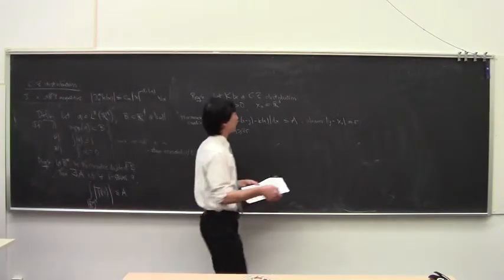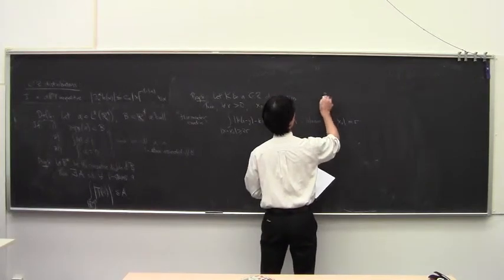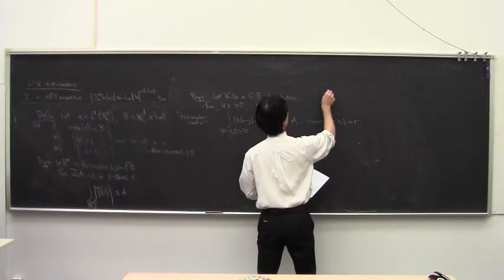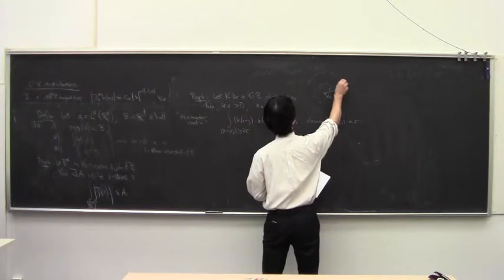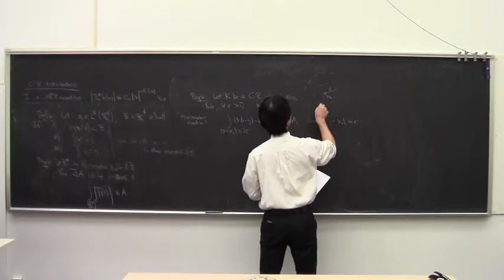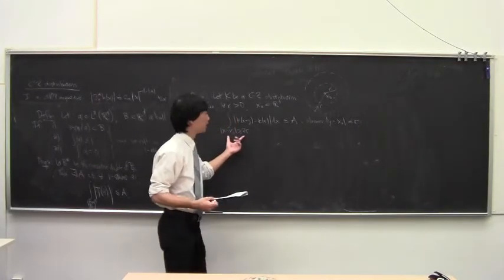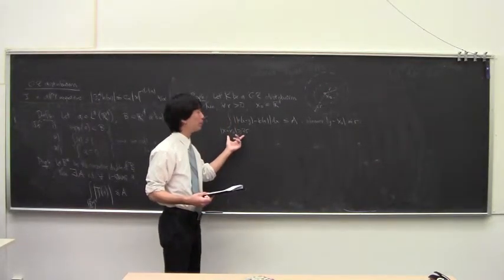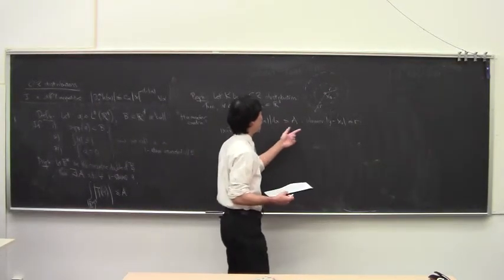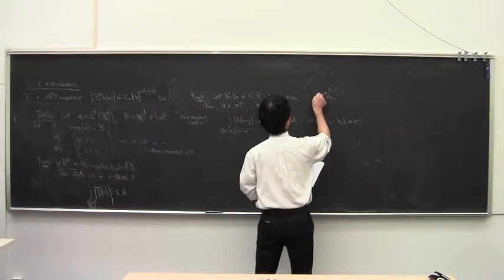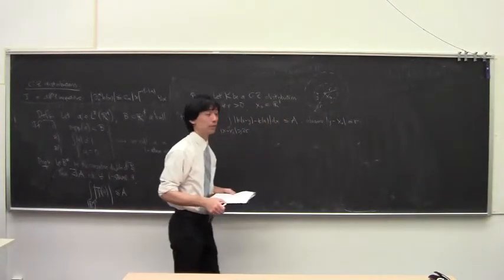So what we're saying is that there's some ball centered at x naught of radius r. You take its double, 2r, and you integrate over the exterior of the double ball, and your y lies inside the first ball.